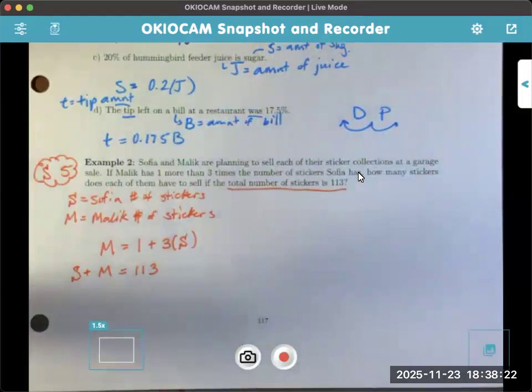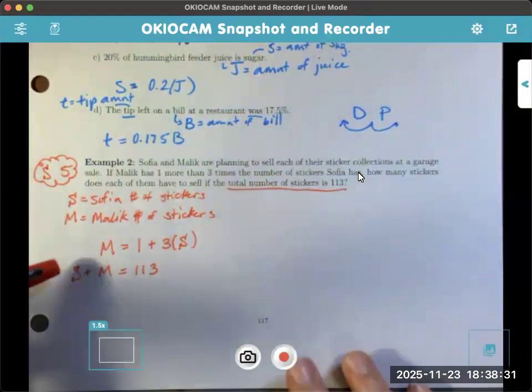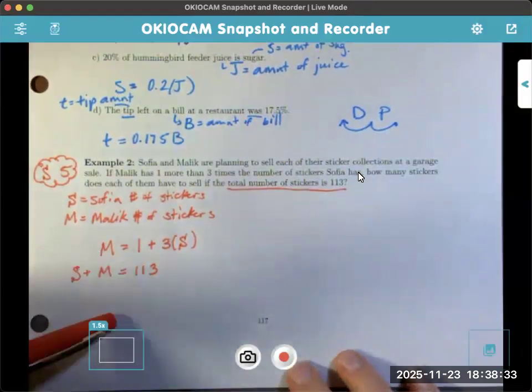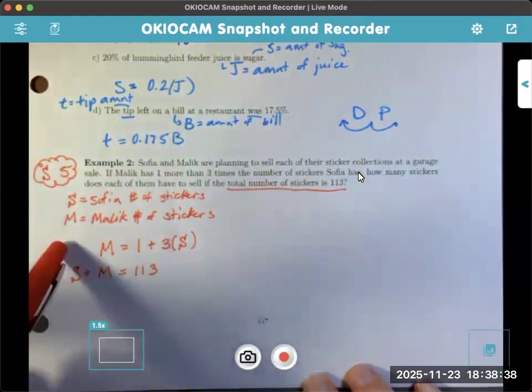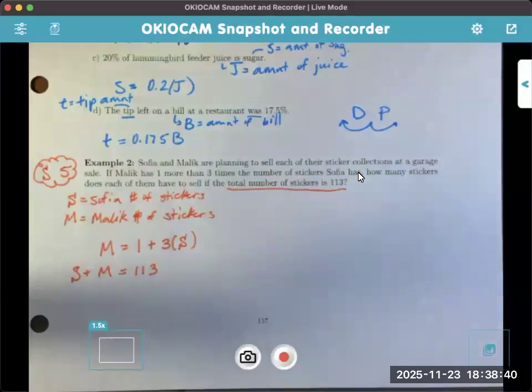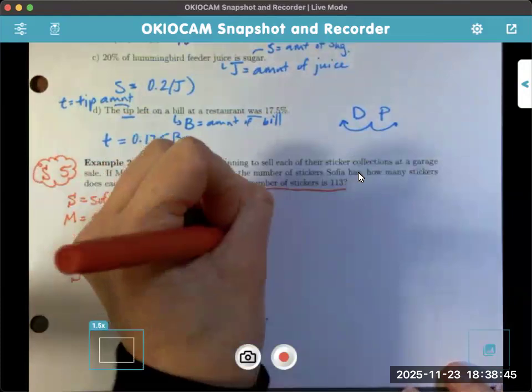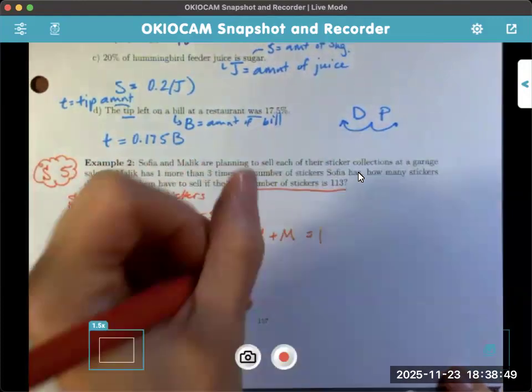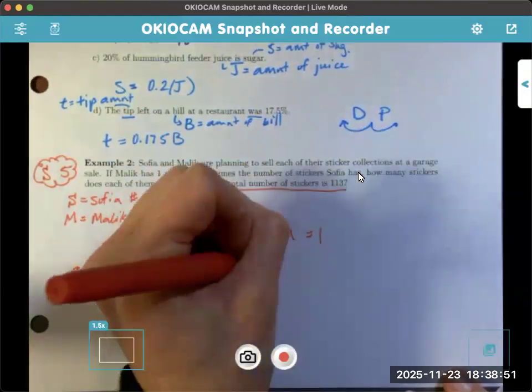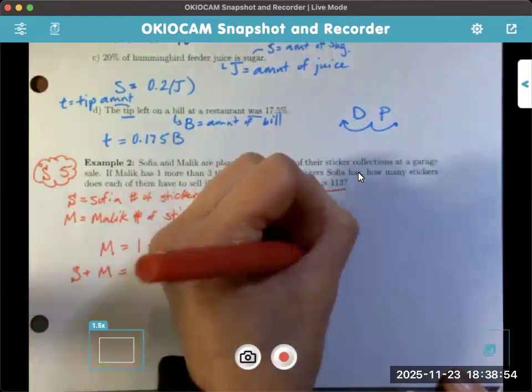So now, look what we have. We have a system of equations. So what we can do is, again, remember, we really like it when we have an S column, an M column, and a number column. So we can just subtract this over to say, well, this is negative 3S plus M equaling 1, and S plus M equals 113.